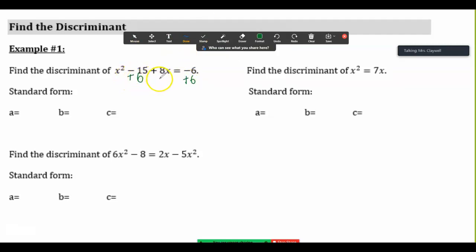In order to find the discriminant, I need it in standard form. So my x squared, and then whatever's in front of my x. So once I identify a, b, and c, I can do my b squared minus 4ac.